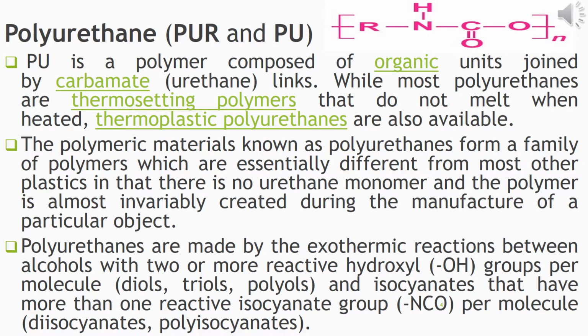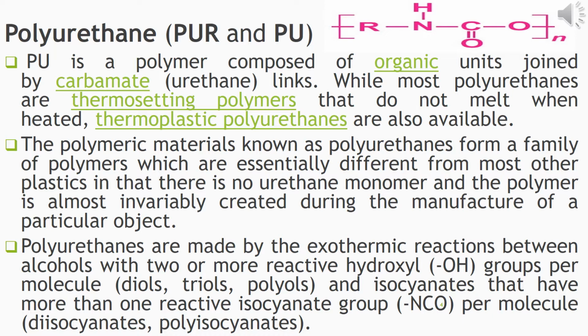Other polymers, like polyethylene, have an ethylene monomer, and similarly polyvinyl chloride has a vinyl chloride monomer, but this does not have a urethane monomer.